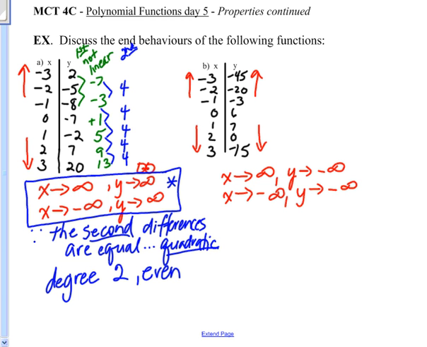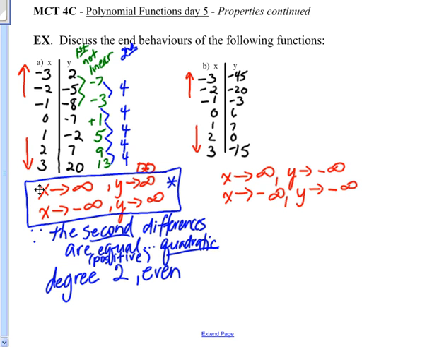Our second differences are the same and they're positive. We're going to do the same for this second set of values.